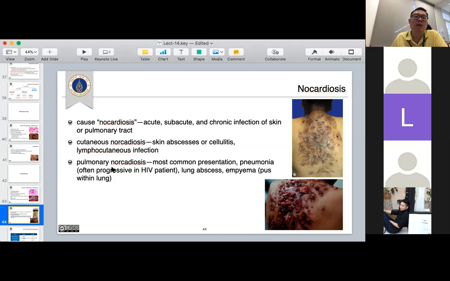And also pulmonary nocardiosis causes infection in immunocompromised patients and often progresses in HIV patients. The symptoms are more or less similar to tuberculosis. Tuberculosis and Nocardia can both occur in immunocompromised patients, and both of them can cause lung abscess.